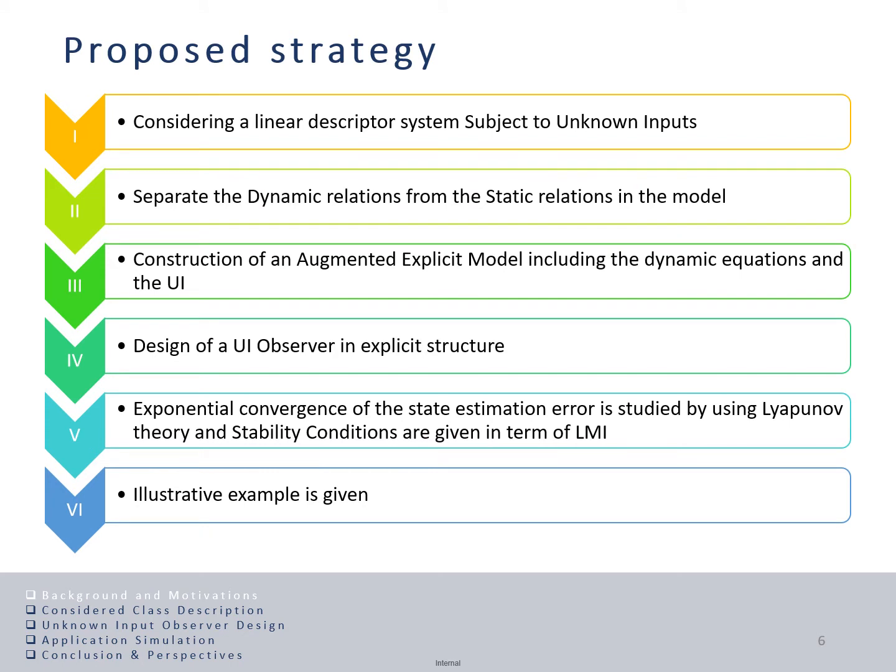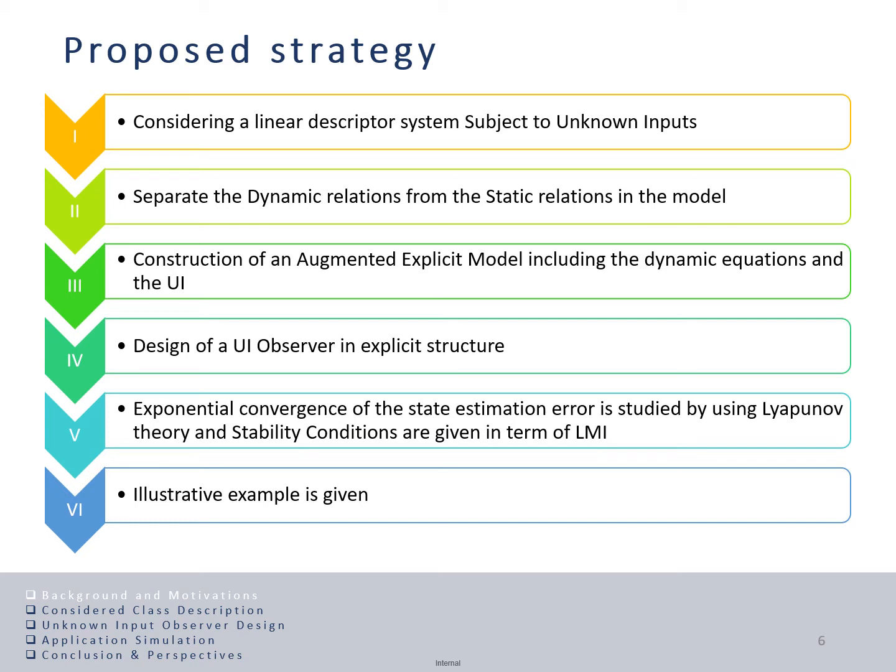Here is an outline of the proposed strategy. First, we consider the discrete time linear system subject to unknown inputs. Then the method permitting the separation between the dynamic equations and the recurrent relations in the model is exposed. Then an augmented explicit model which contains the dynamic relations and the unknown inputs is developed.